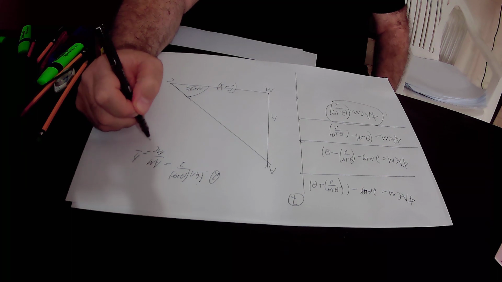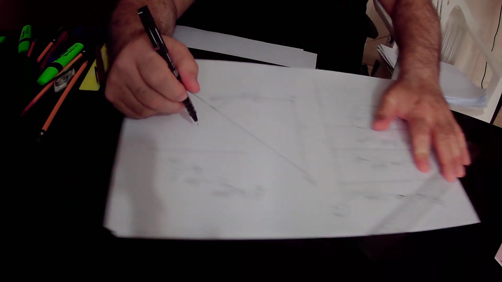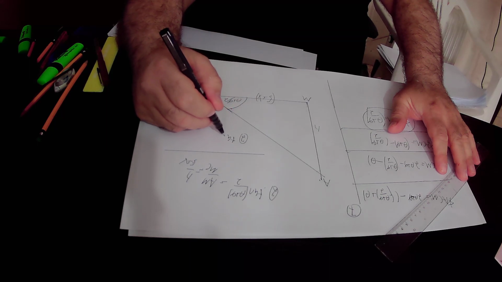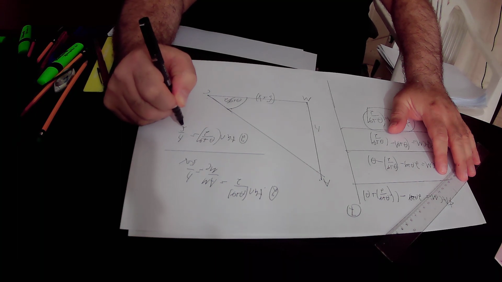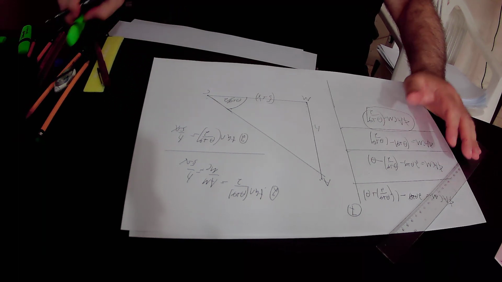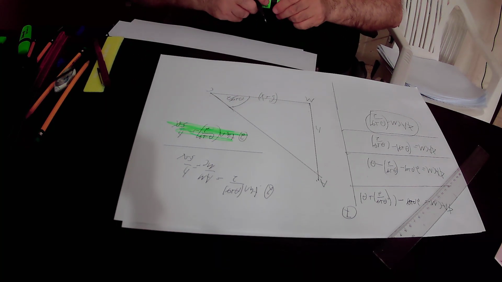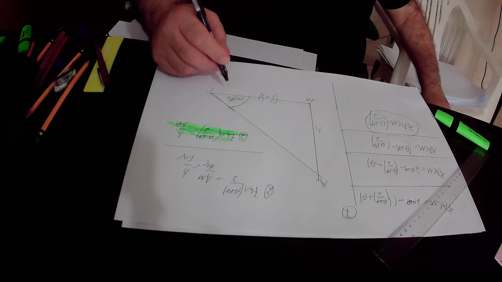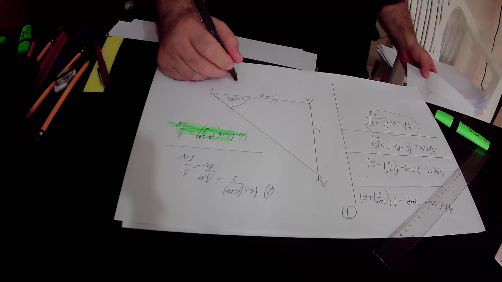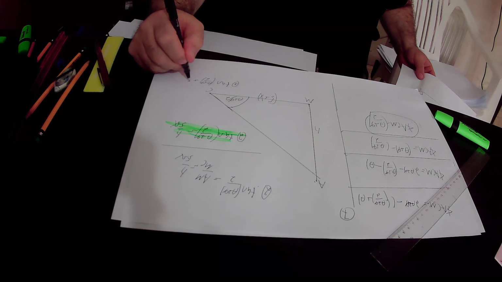AM equals H, MC equals 5 plus X. So in conclusion, we found out that according to equation number 2, tangent theta plus alpha over 2 is equal to H over 5 plus X. But according to equation number 1, we have already found out that tangent theta plus alpha over 2 is equal to 5 over H.